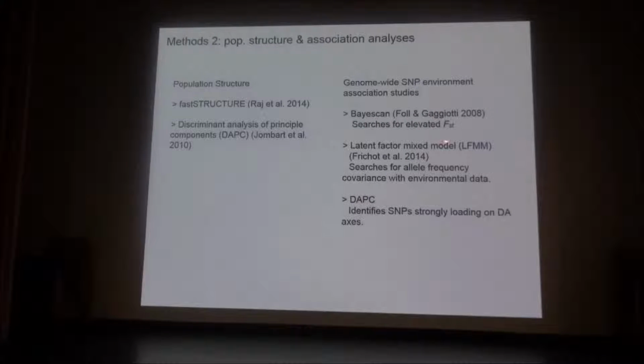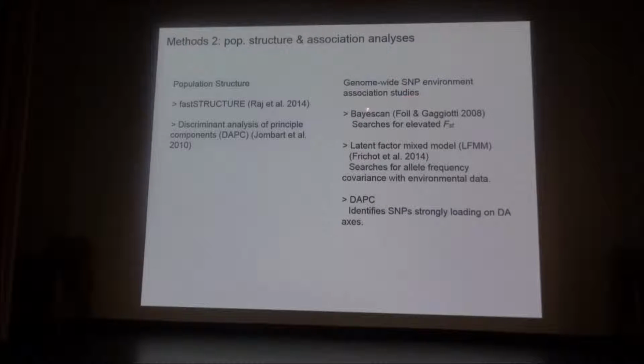You calculate a null model of FST for all your populations, and then you look for loci that have very, very high FST above some threshold. For LFMM, latent factor mixed models, you have a mixed model that estimates the hidden, which is where the latent comes in, the hidden effects of population structure. And this is a Bayesian method that is new and pretty exciting.